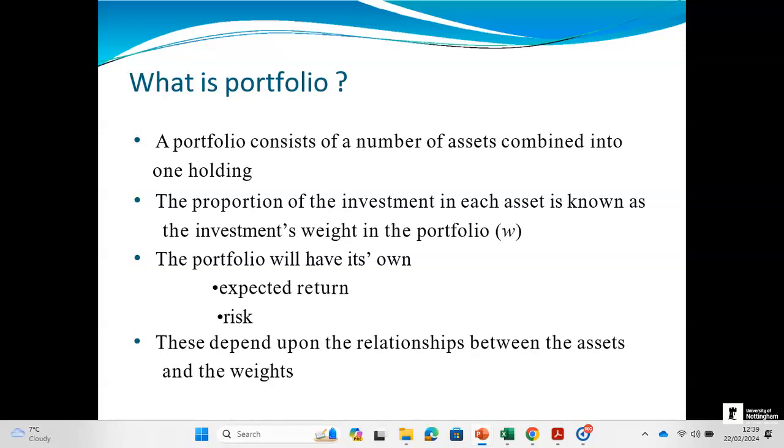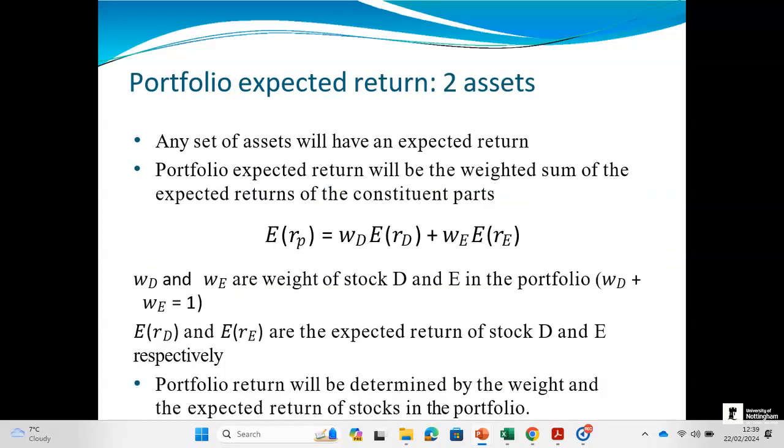So in the last session at the end we started talking about the formal definition of portfolio, and we looked at creating a portfolio using two assets as an example. I showed you this slide in the last session. So what is the expected return of the portfolio?